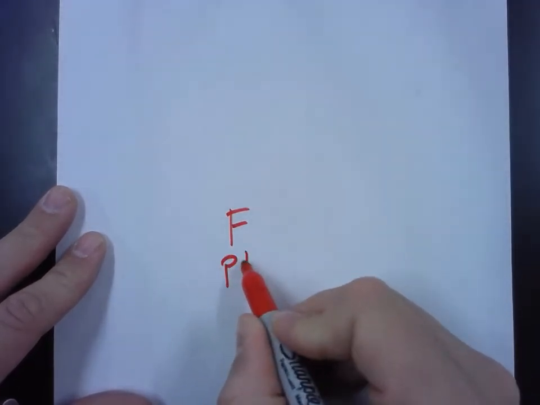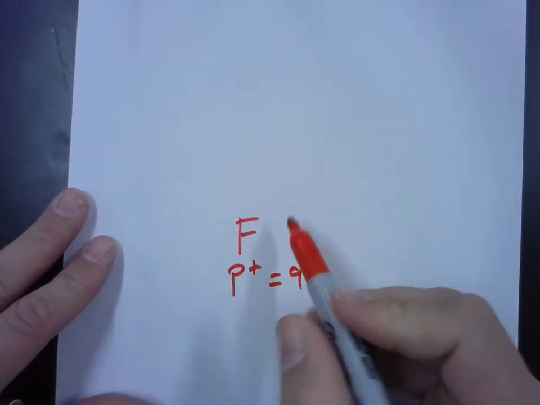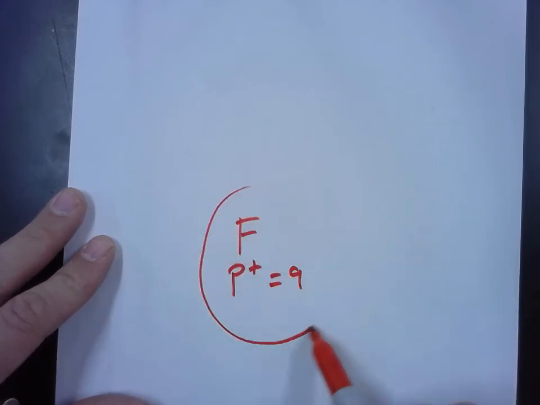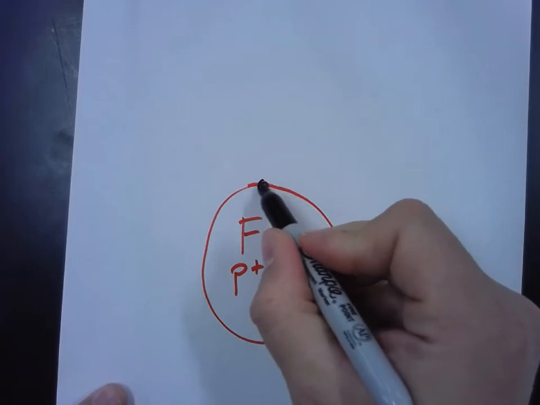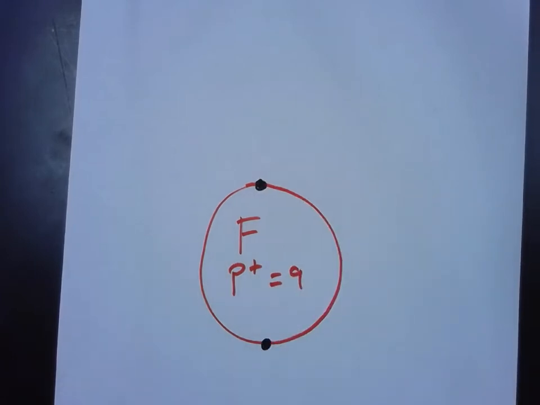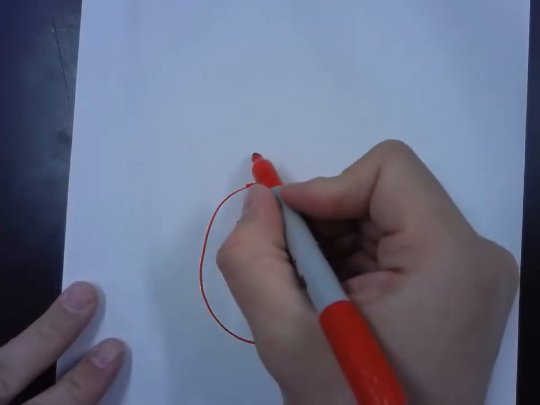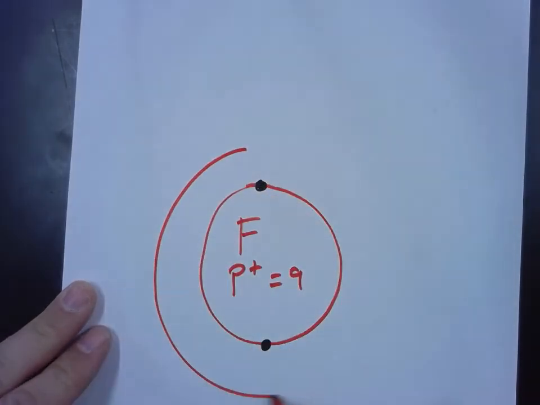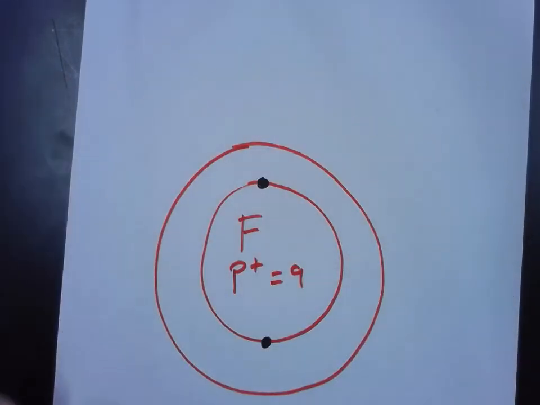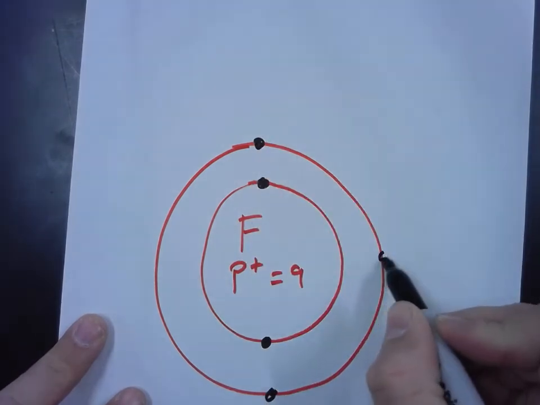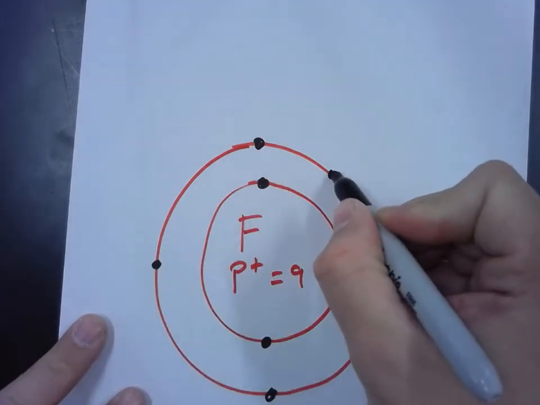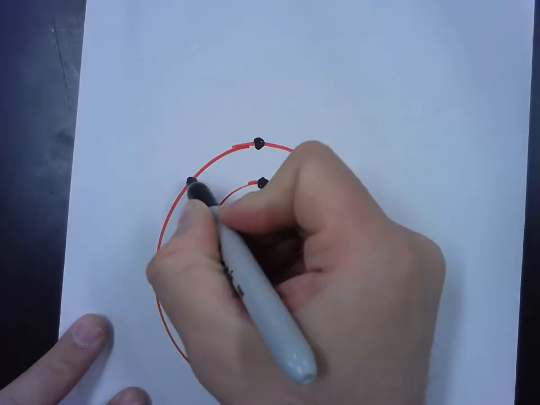P plus equals 9. There's the first row, 1, 2. Here's the next row, 3, 4, 5, 6, 7, 8, and 9.